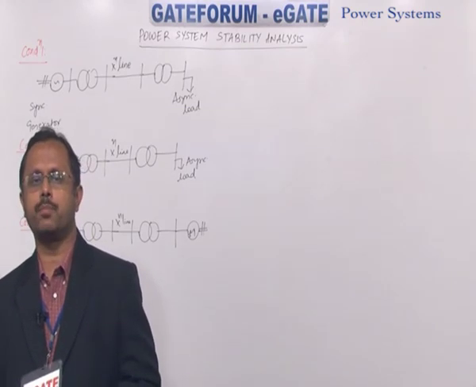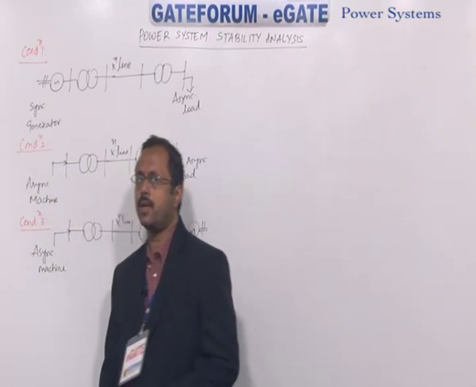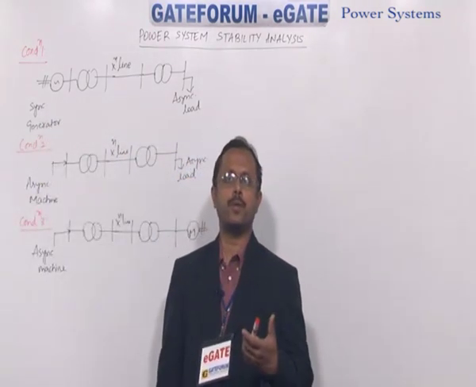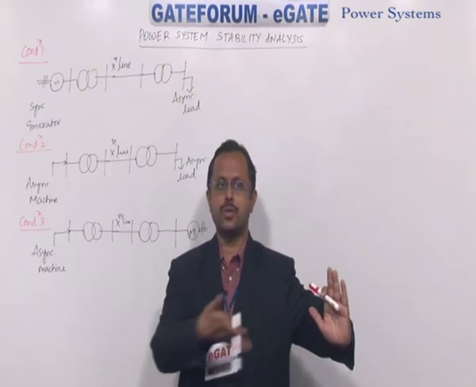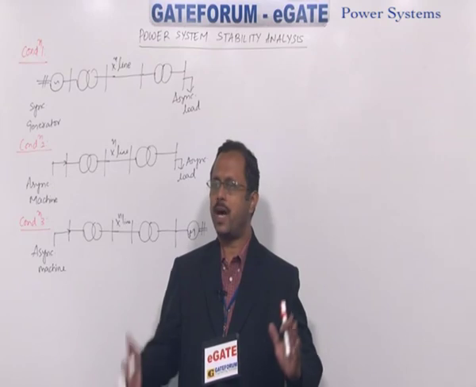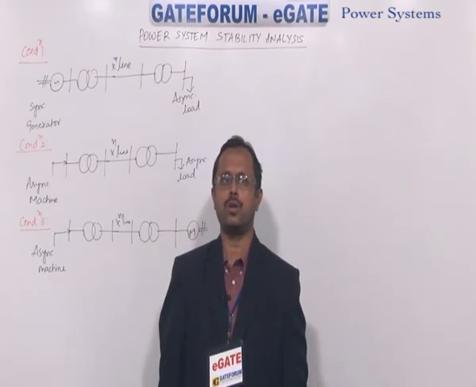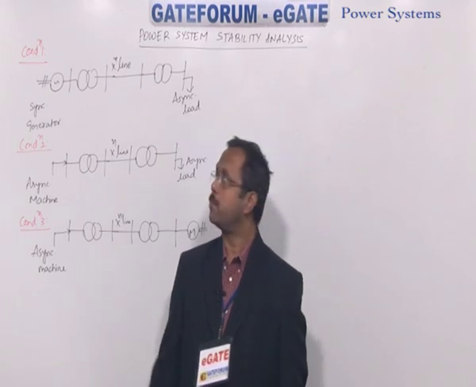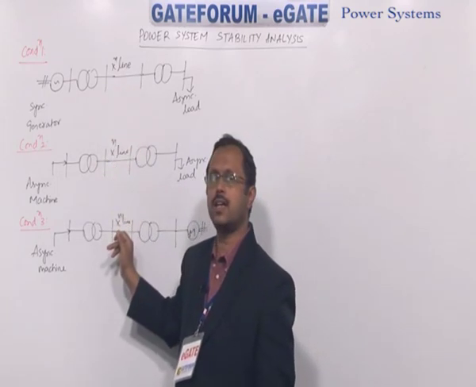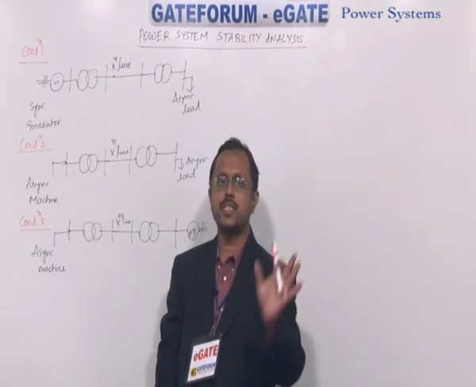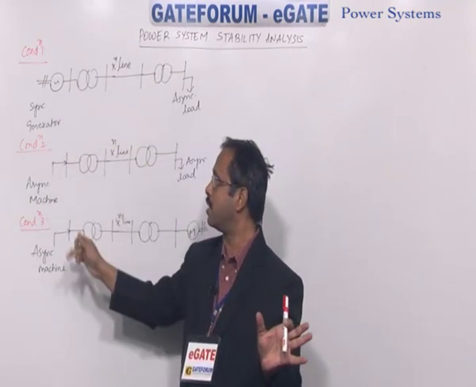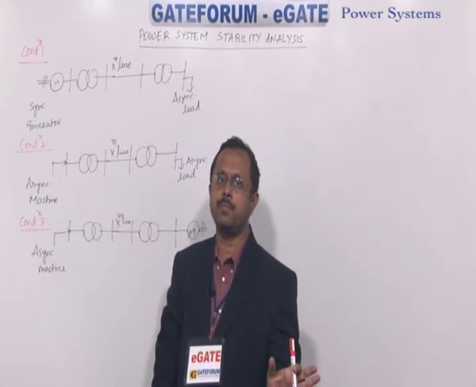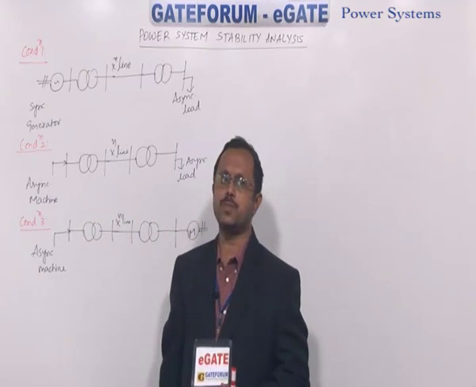Now we define the power system stability. It is a property of a synchronous machine to transmit maximum active power from source to load by maintaining synchronism with the externally connected transmission line.